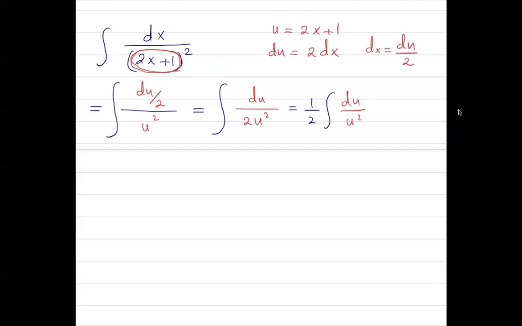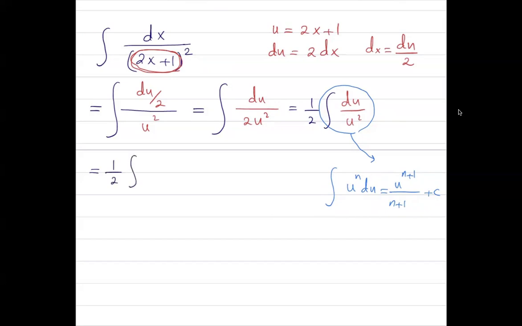We know how to deal with this integral. To calculate this integral, we remind ourselves of the integral of u to power n du, which is u to power n plus 1 over n plus 1 plus constant of integration. This is something that we saw before. Nothing new. But I see that it is on the denominator, so we can write it on the numerator.